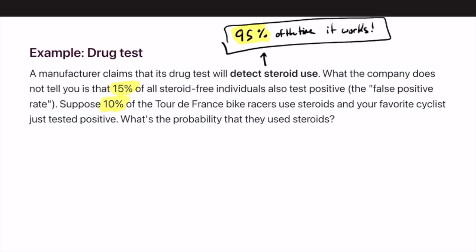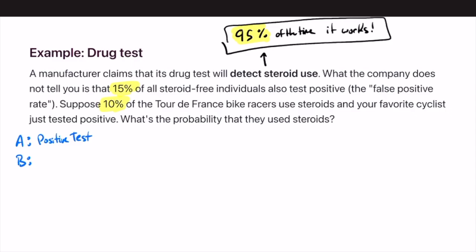We have A and we have B. So A, we're going to call, is a positive test. Positive test, no other information, just a positive test.